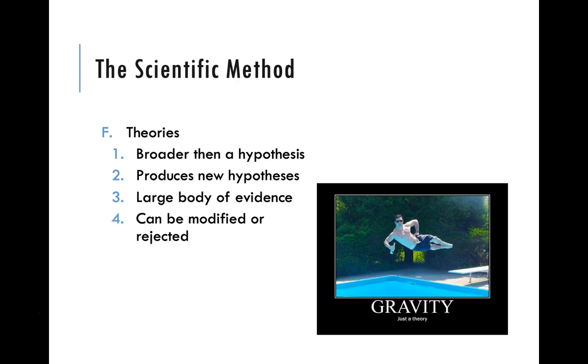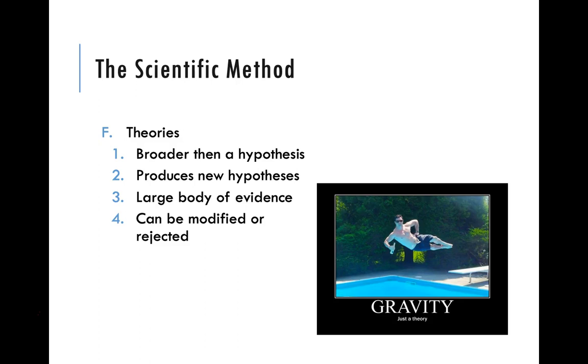Finally, we get to theories. So theories are broader than a hypothesis, and they are these big, broad hypotheses that have been supported by a large body of evidence. And often people start to think of theories as true. There's something that has been supported so many times that you just accept it as part of everyday life and as truth.